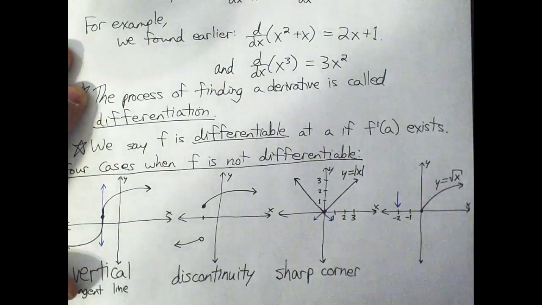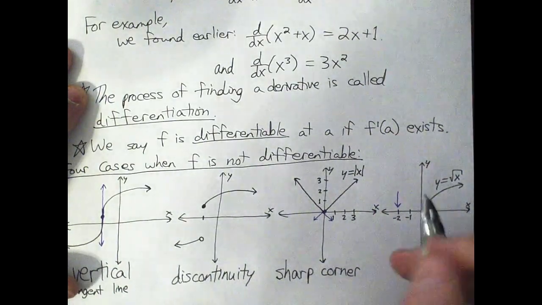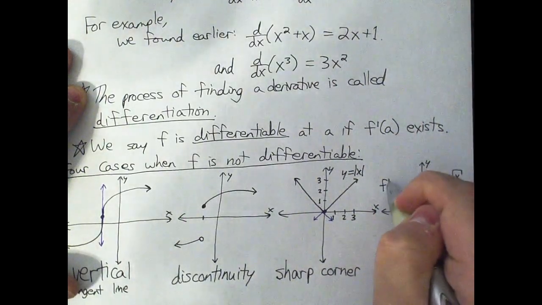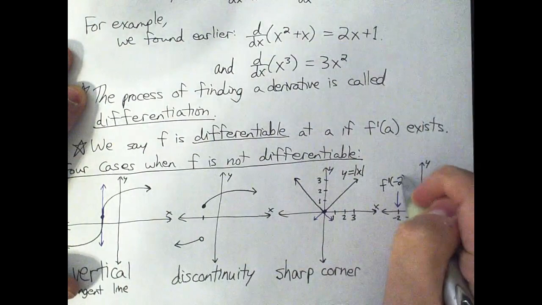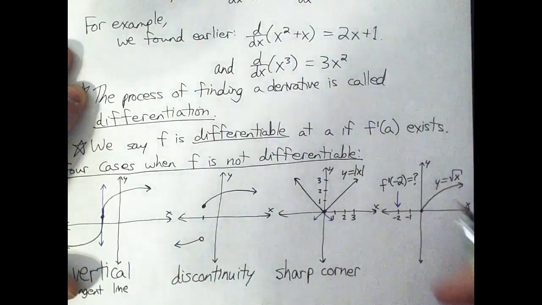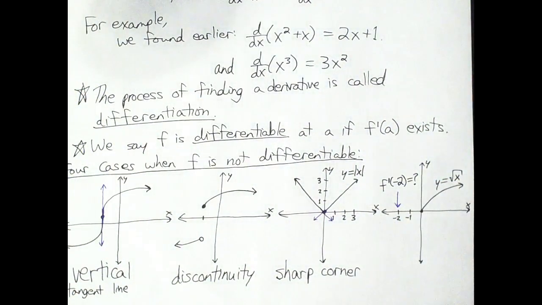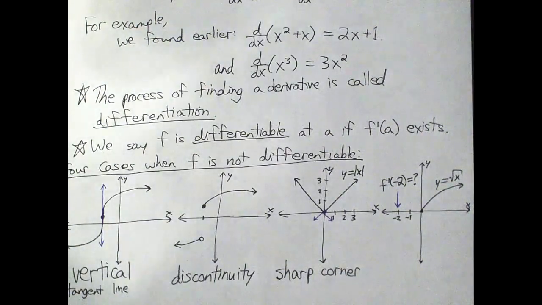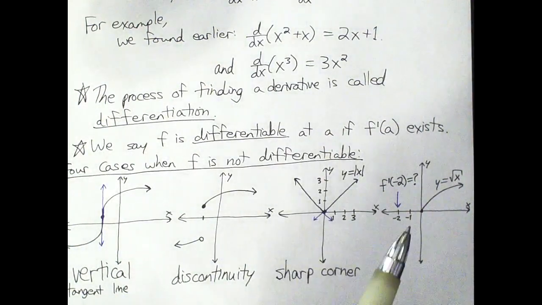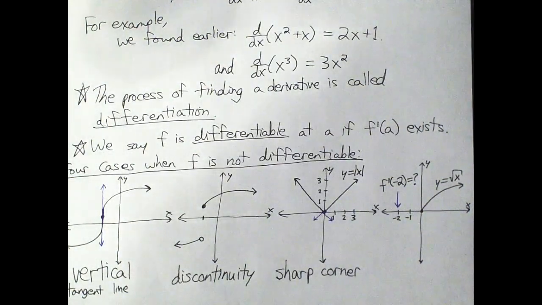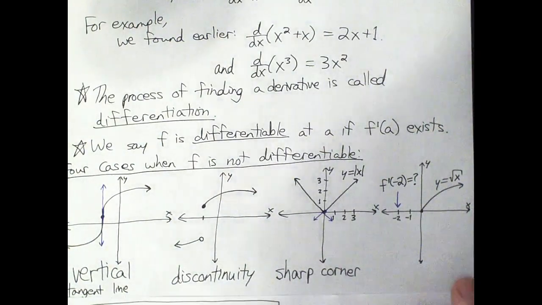What if we had a function where the domain does not include these numbers? And what if I asked you, what is f prime of -2? Okay, well, f of -2 does not exist. And it turns out that f prime of -2 is not going to exist either.